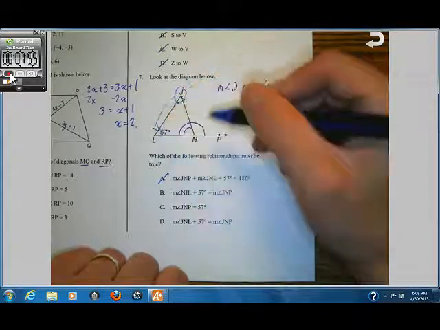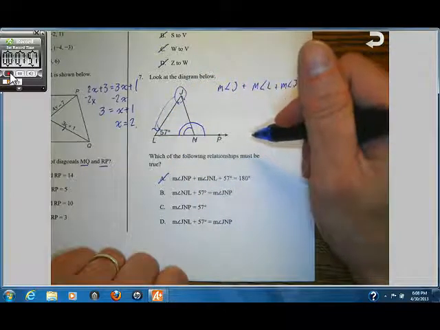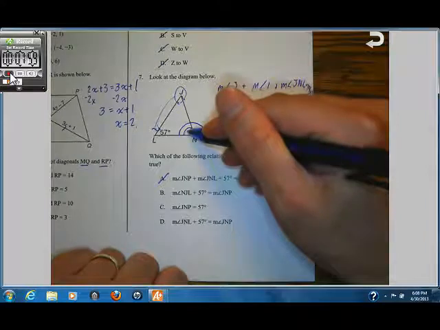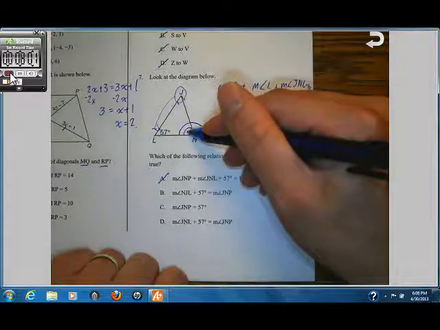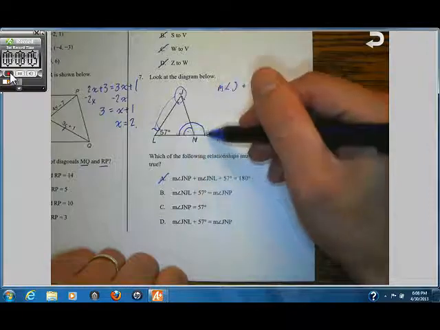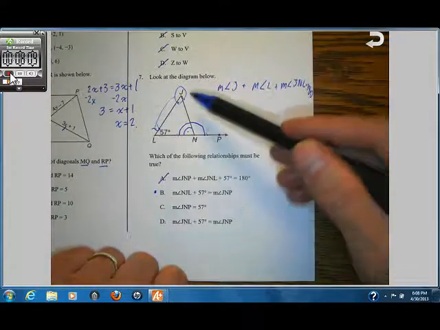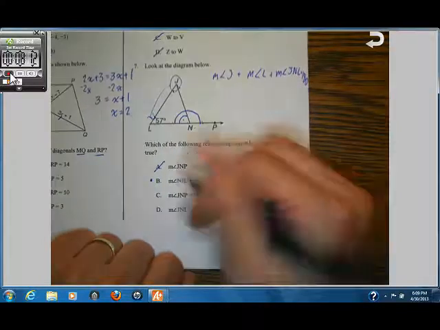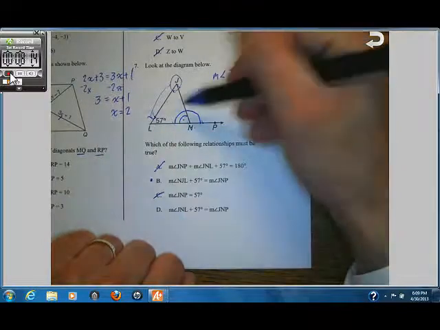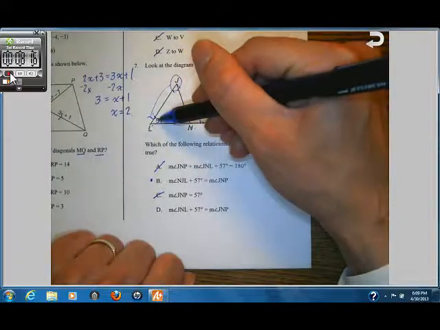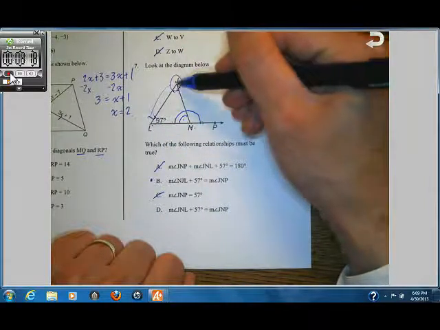Plus this interior angle does equal 180, which is the same as this whole thing minus 180, so that's a strong possibility. JNP equals 57, we have no basis in fact on that. JNL plus 57 does not equal JNP. So by process of elimination, we've arrived that B is the correct response.